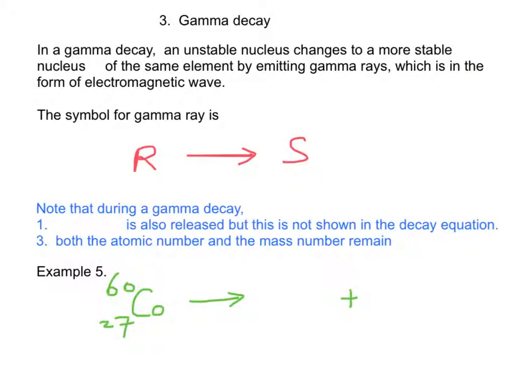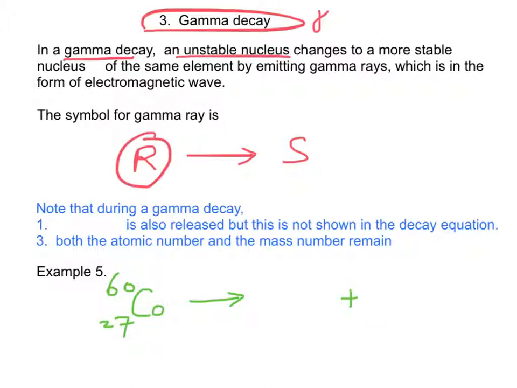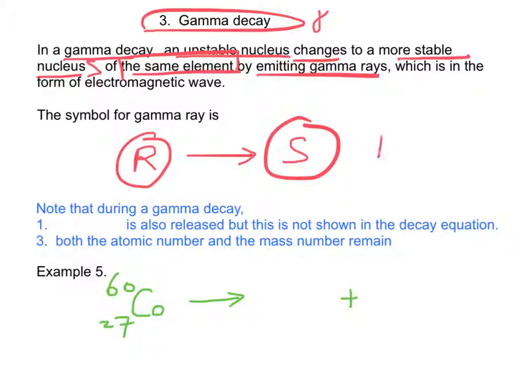The last kind of radioactive decay is called gamma decay. In a gamma decay, an unstable nucleus, for example R, changes to a more stable nucleus S of the same element by emitting gamma waves, which are in the form of electromagnetic waves.